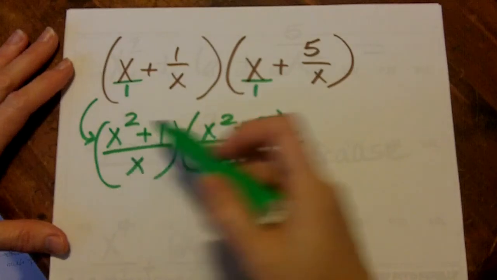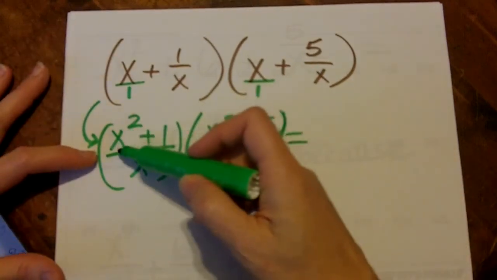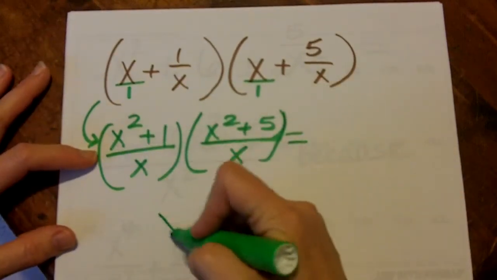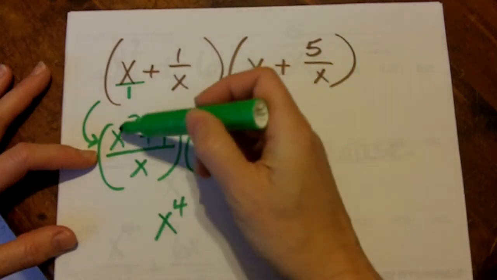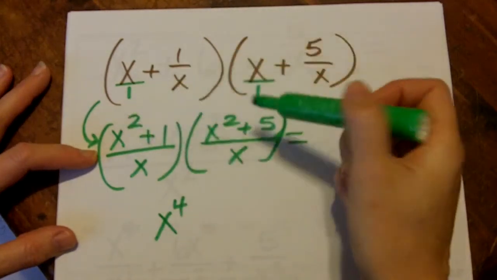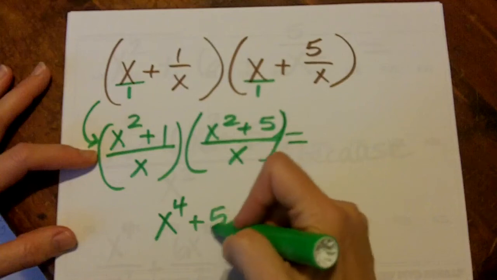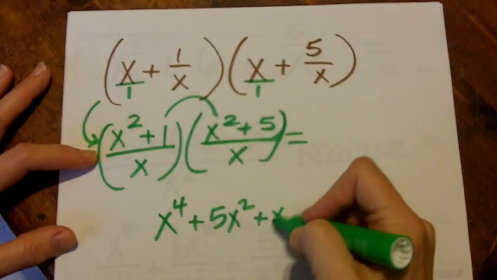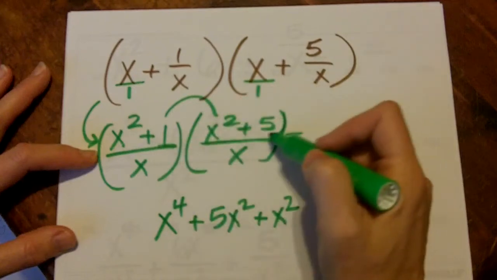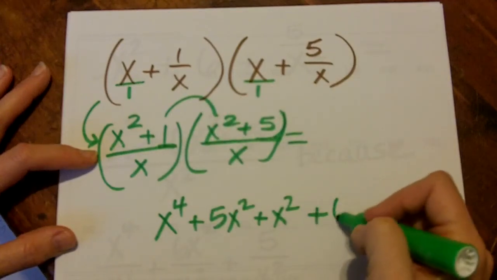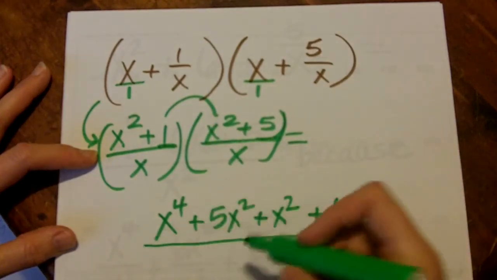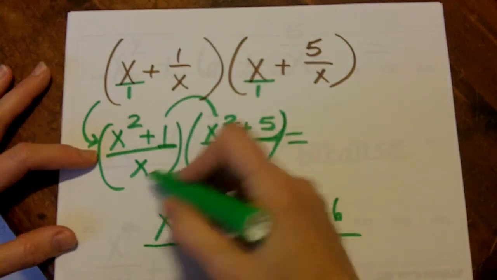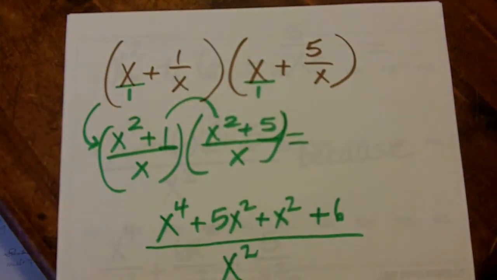I'm going to do FOIL now with my top. So I'm going to do x squared times x squared, which is x to the 4th. My outside is 5x squared. My inside is simply x squared. And my last term is simply 5. And all of this is over x times x, or x squared.